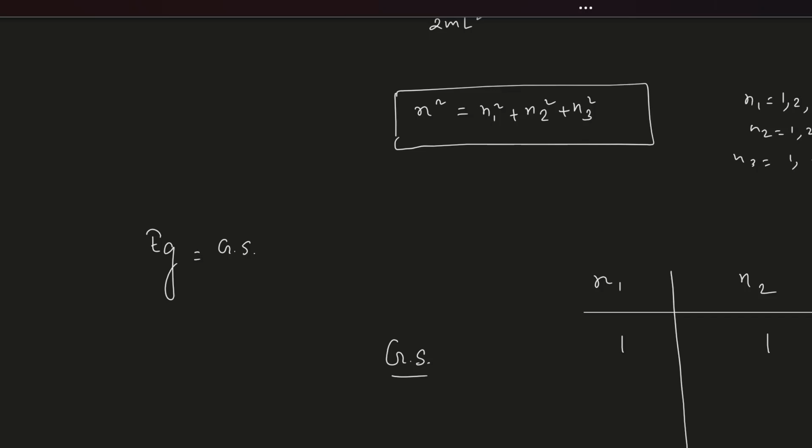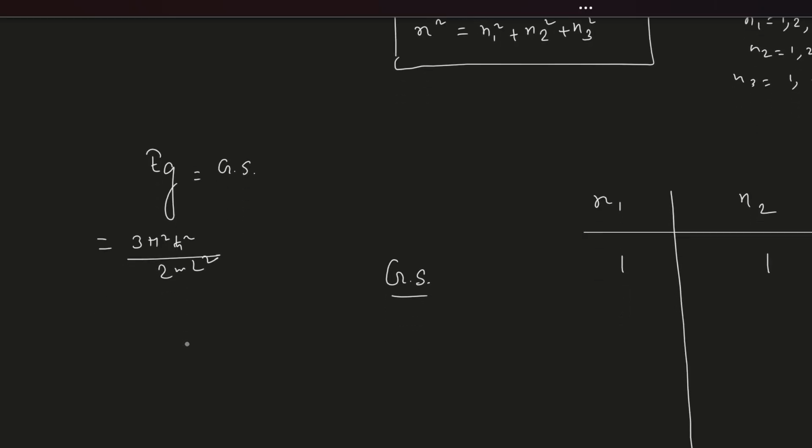So En is 3 pi squared h-bar squared by 2m L squared. This is the Eg that is given in the problem, the ground state energy.